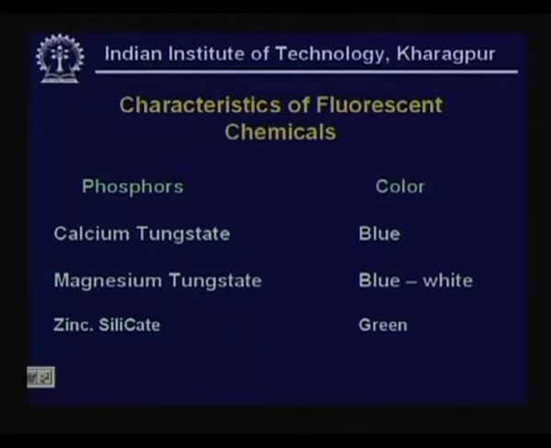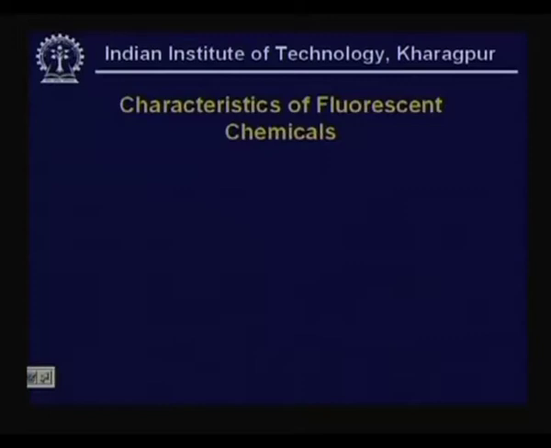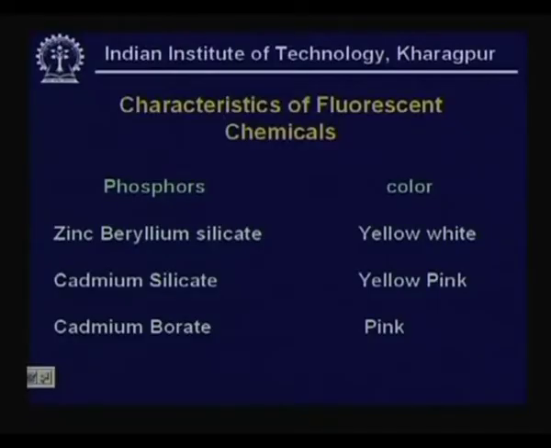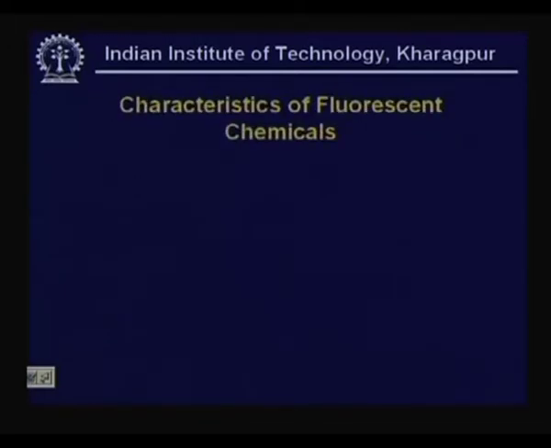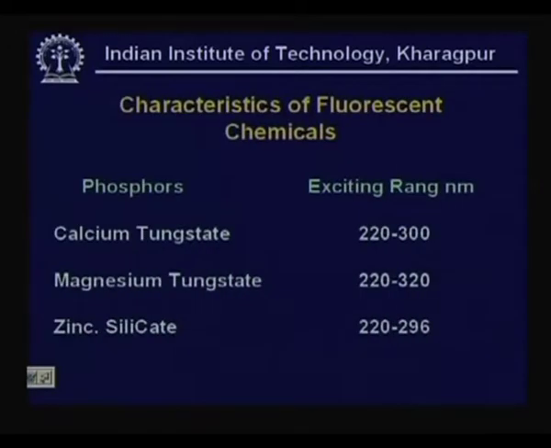Magnesium tungstate will be blue white. Zinc silicate is green. Green is good because it's at the peak sensitivity of the eye, yellow green. Zinc beryllium silicate is yellow white, maybe we look for that. Cadmium silicate is yellow pink, cadmium borate, all these materials have been used, pink. This is the color wise.